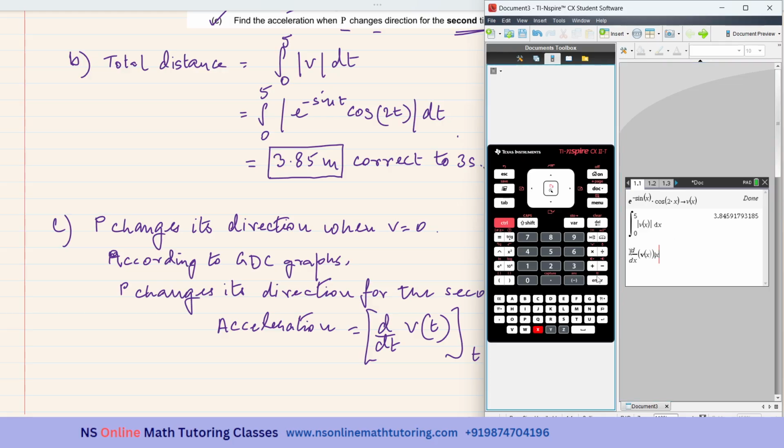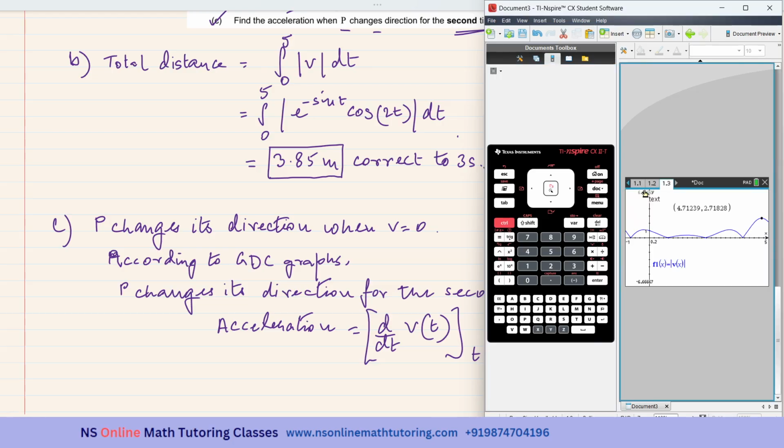So x is equal to 2.356 and enter. See, 0.9858. So correct to three significant figures, it is 0.986. That is what we had got, 0.986. Okay. So correct to three significant figures, the acceleration is 0.986 meter per second square.